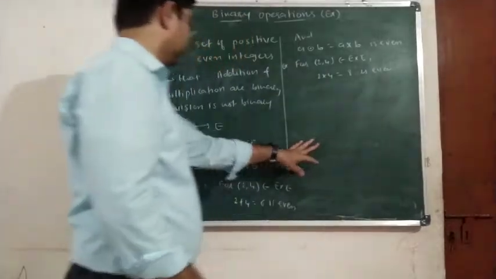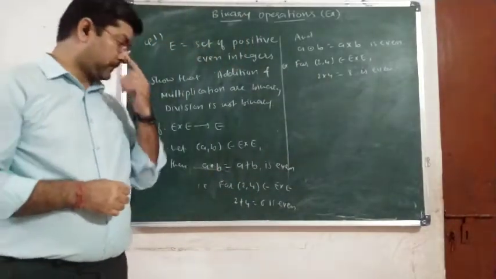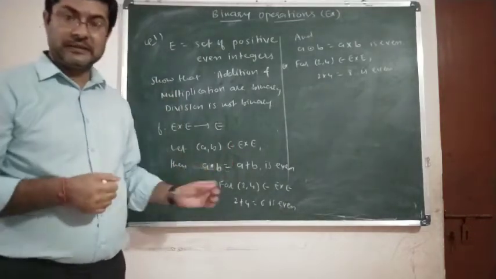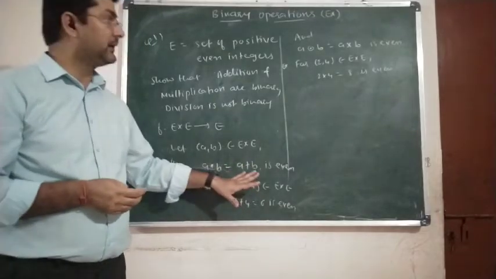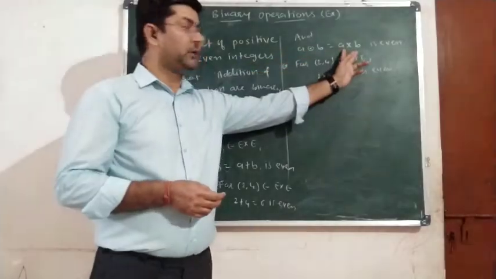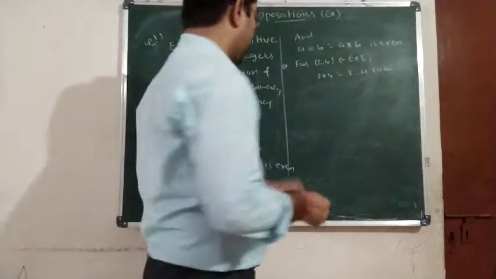So from the two examples you can understand that addition of two even integers is an even number, and therefore addition is binary on set E. Similarly, multiplication of two even numbers is always even, and therefore multiplication is also binary.